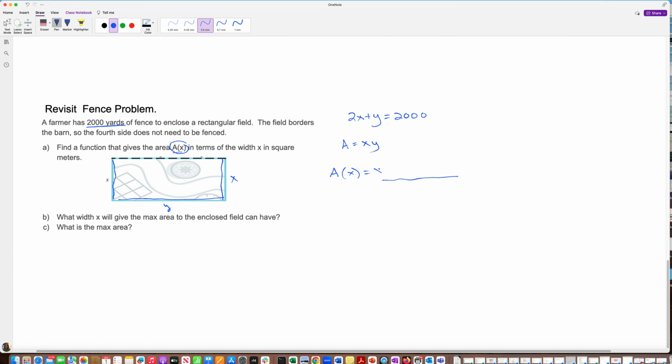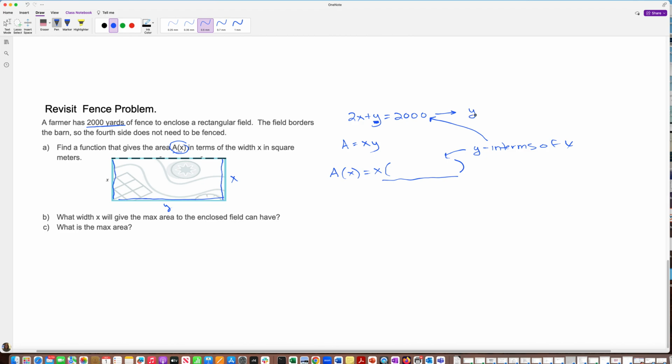So this x is okay, but now what I want right here is y, but in terms of x. And that's where this comes back into play. So I can just solve this equation. I know this relationship for y, and then I will have an expression for y in terms of x. So let's solve this for y.